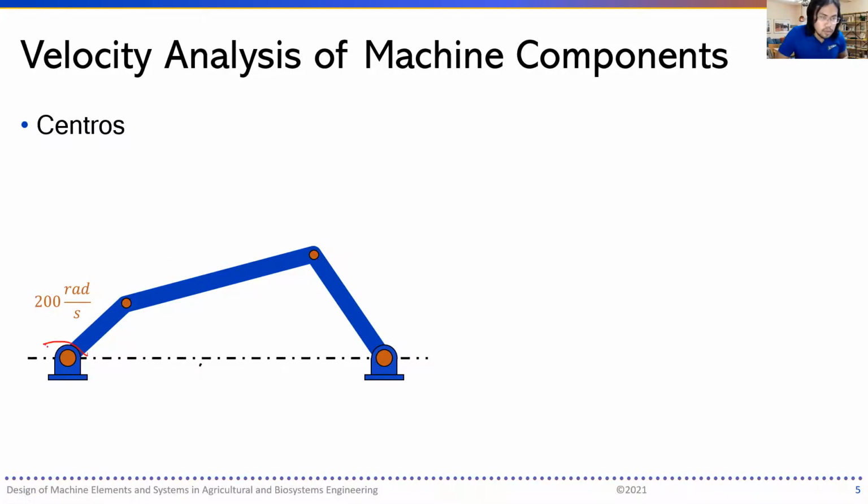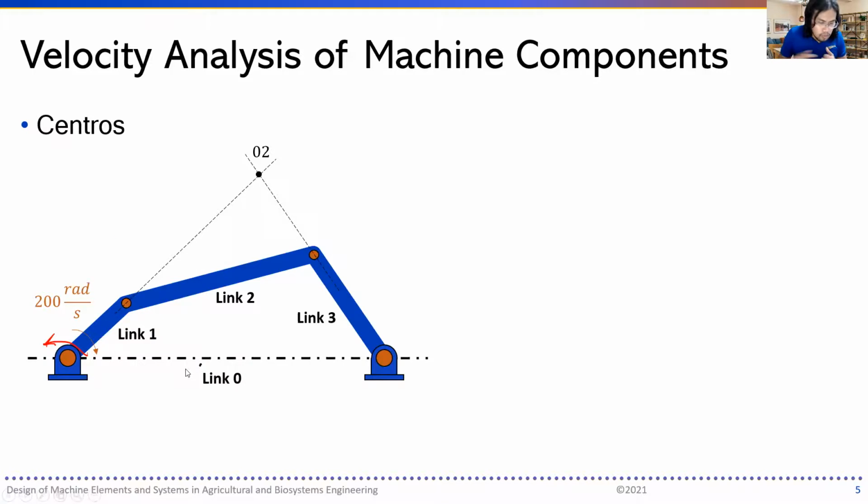So this is rotating at 200 rad per second. Okay, so what we do to find our centro is we have already located one, and it's 0, 2. Okay, and we have our links. Link 0, link 1, link 2, link 3.